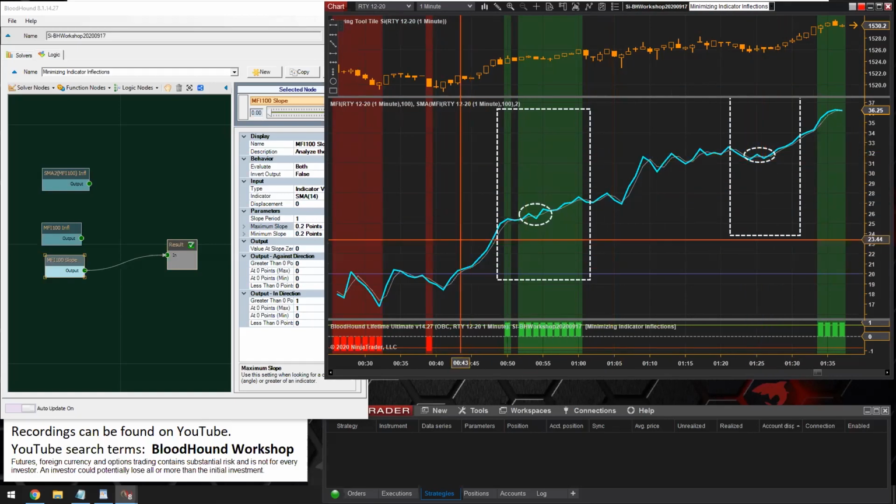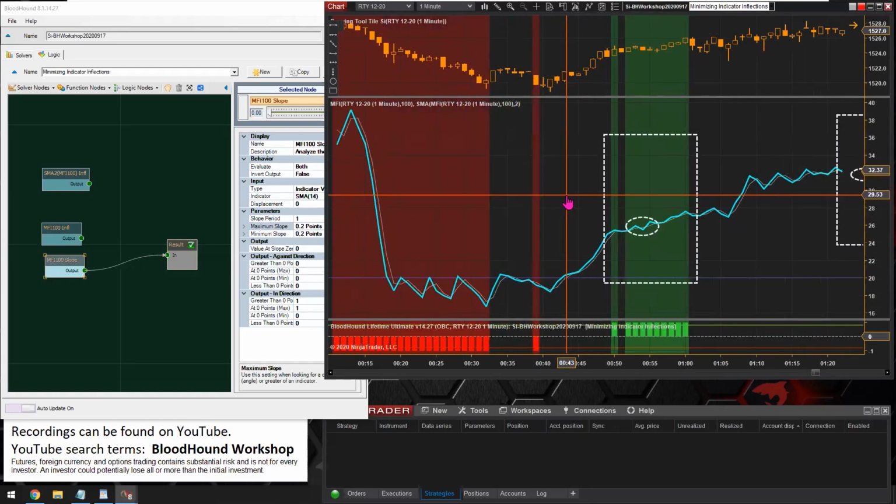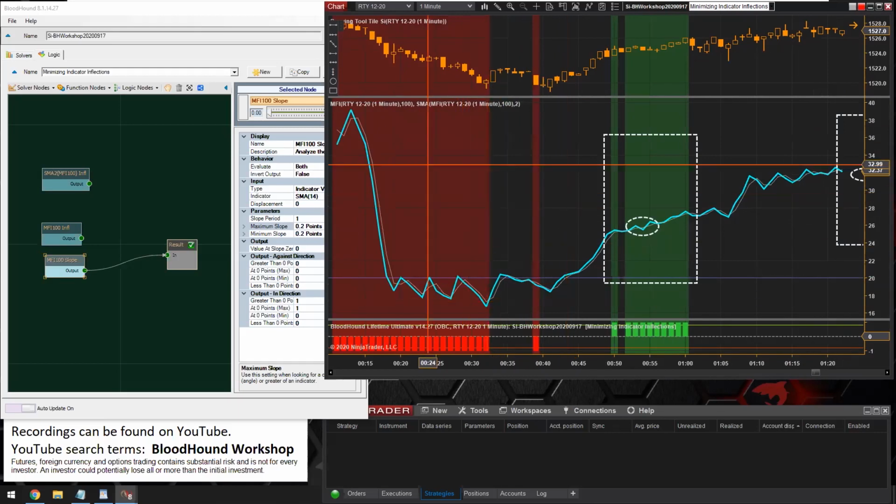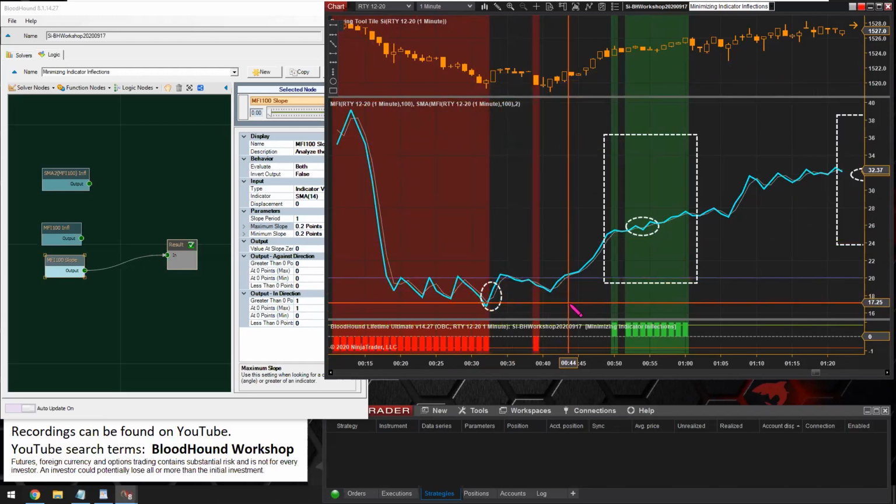This is working. However, I can see a big problem, which is, you know what? It's not working here. You would definitely expect to see an inflection on these points here, right? But there's no long output.